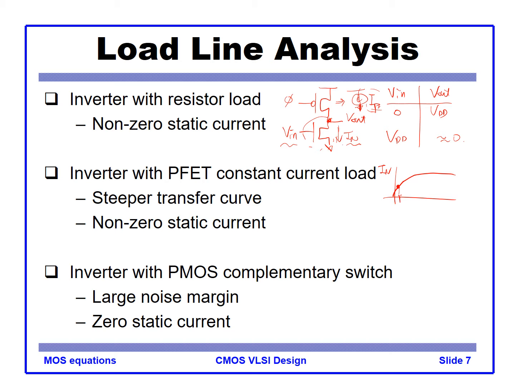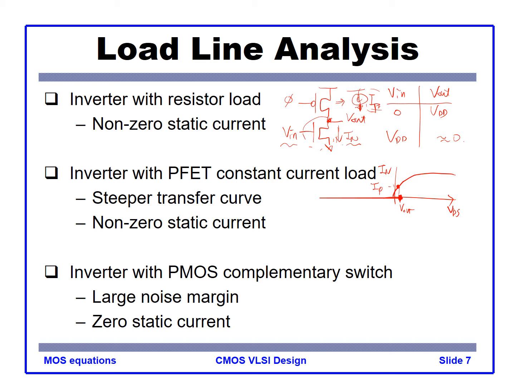So this voltage V out is the VDS of the NMOS, and it becomes the output of the logic gate. This output will never be 0 because there's a constant current IP from the pull up PMOS current source.